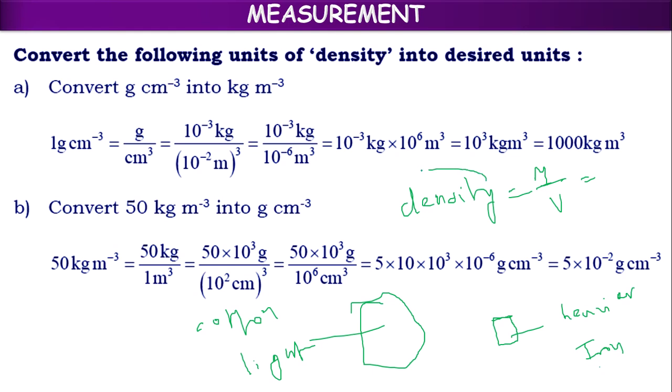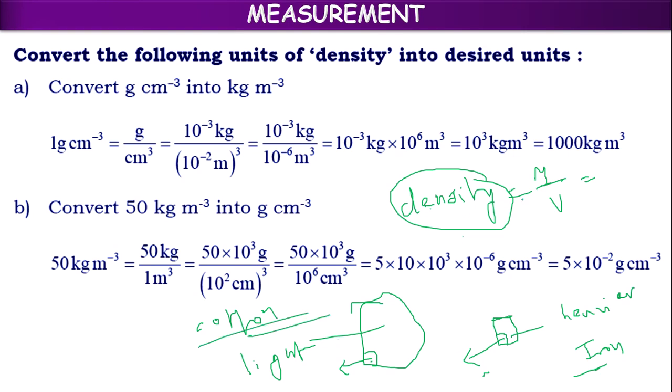Because of this property called density. Cotton in unit volume, in a small amount of volume, will have less mass, but iron in the same unit volume will have more mass. So the density of iron is greater than the density of cotton.